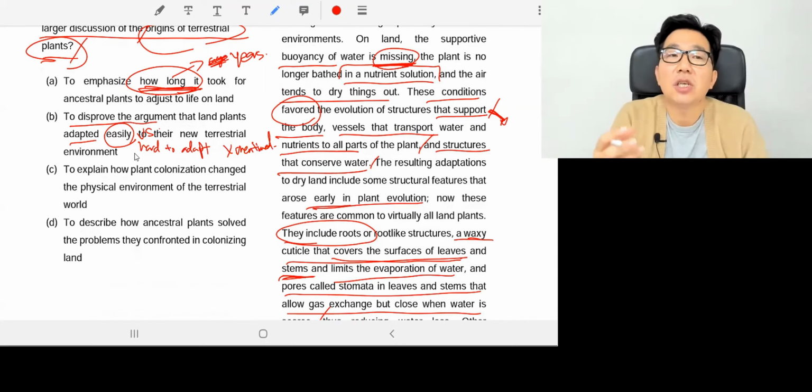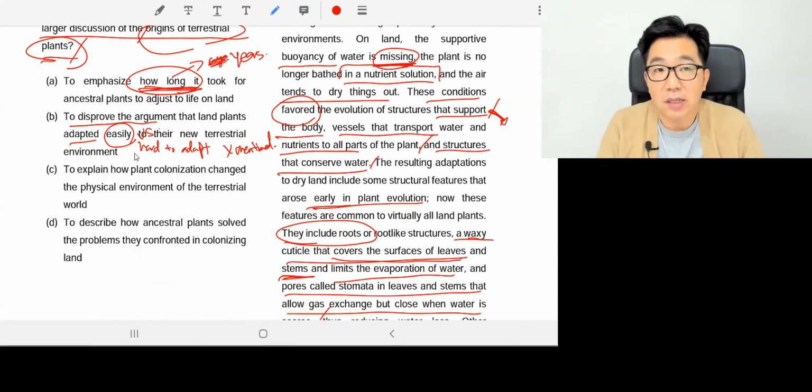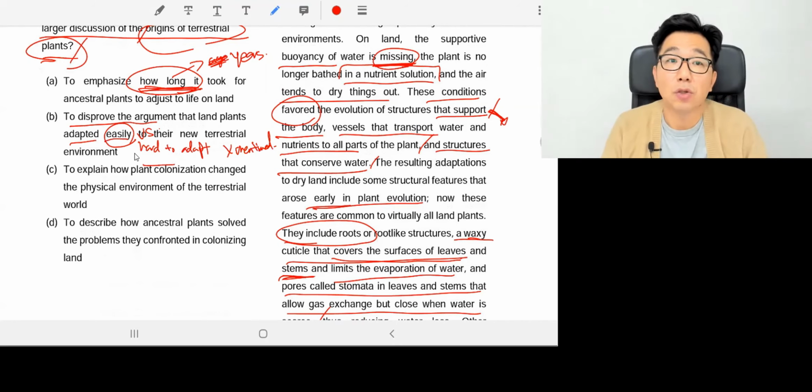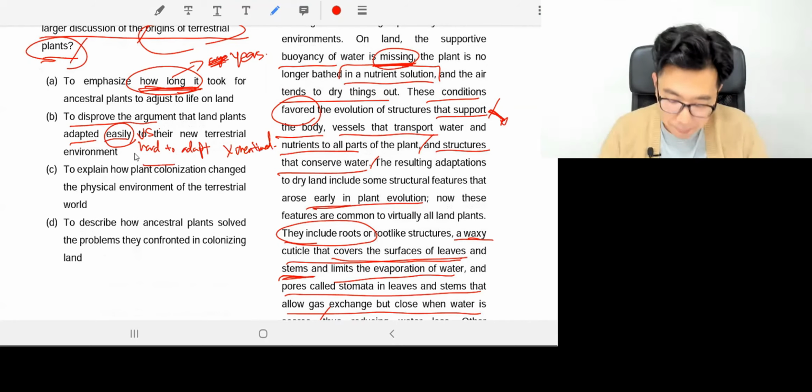This is the outcome, the result, the adaptation, the evolution.